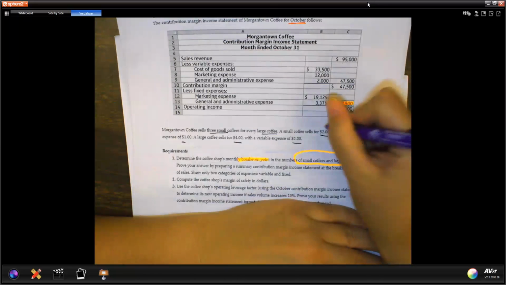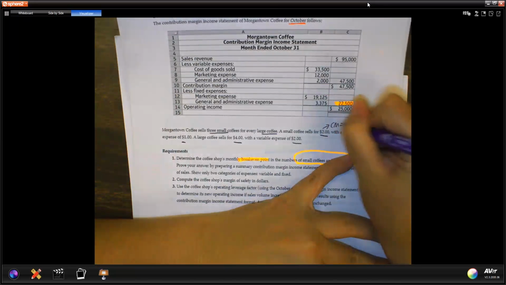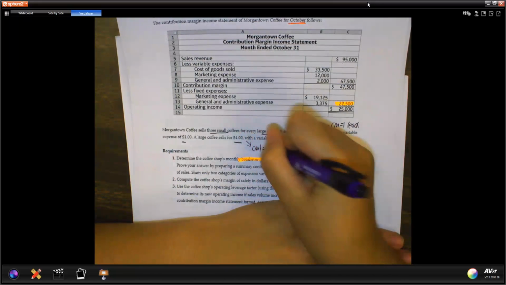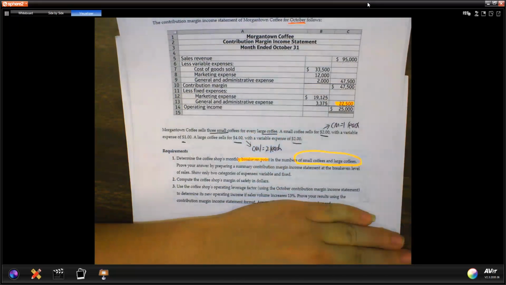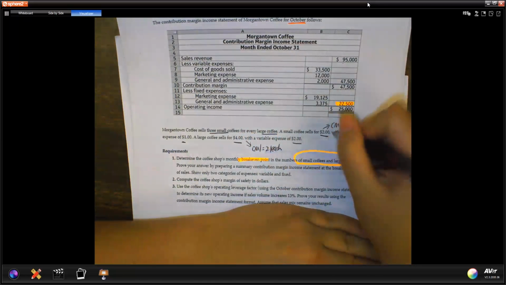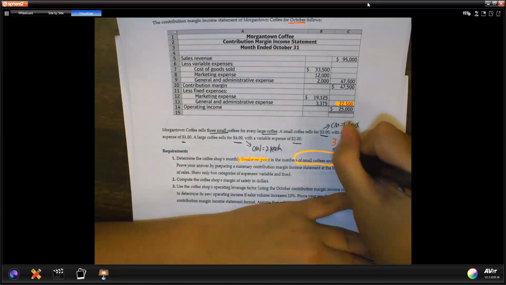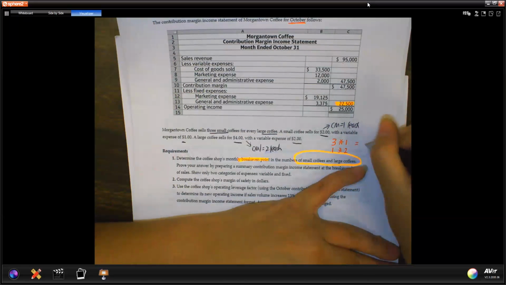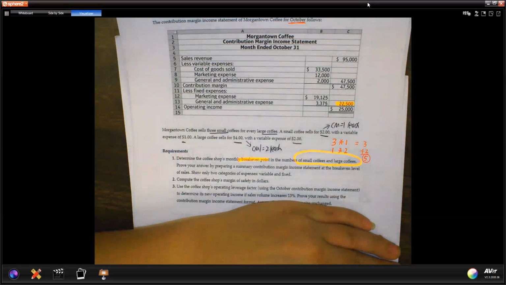Small coffee contribution margin is $1 each, and large coffee contribution margin is $2 each. So you sell 3 small and 1 large, and in total you get 3 plus 2, $5 of contribution margin.